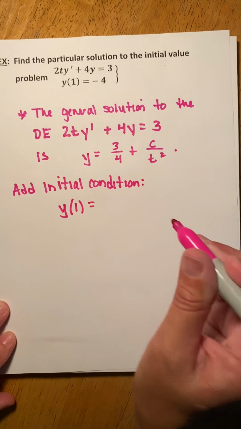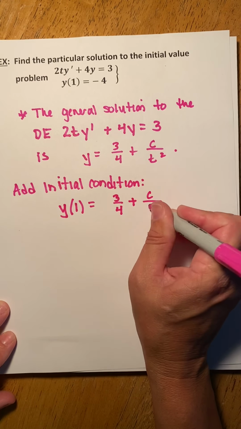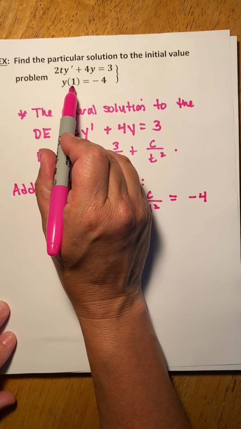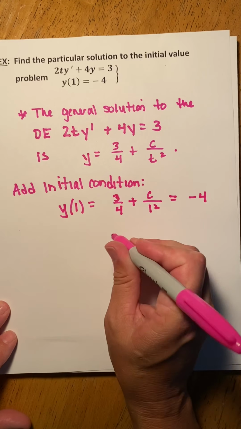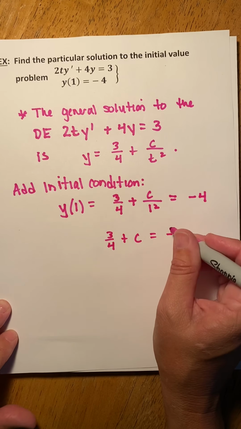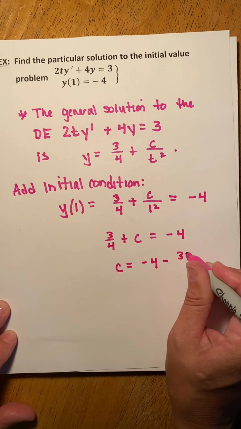Y of 1, well, when we put 1 in, we get 3/4 plus c over 1 squared, and that has to equal -4, because when we put 1 in for the input variable, the output is -4. So 3/4 plus c equals -4. So c is -4 minus 3/4.